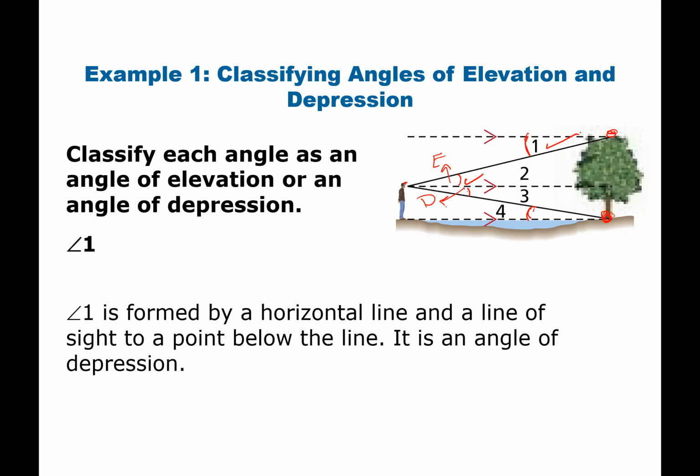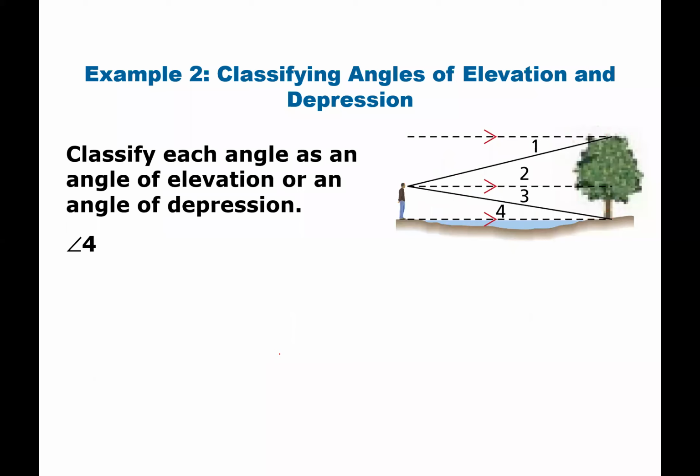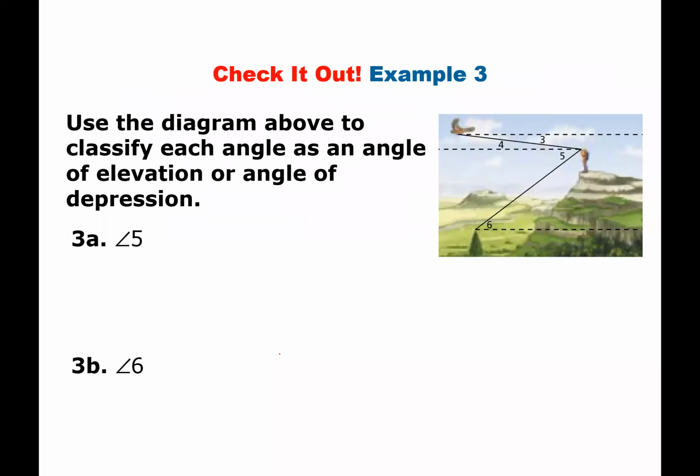Look, if he looks below, this angle is called depression. If he looks up, the angle is called the angle of elevation. Same points here: someone standing on a rock or on a hill, he looks at an object up and an object down.